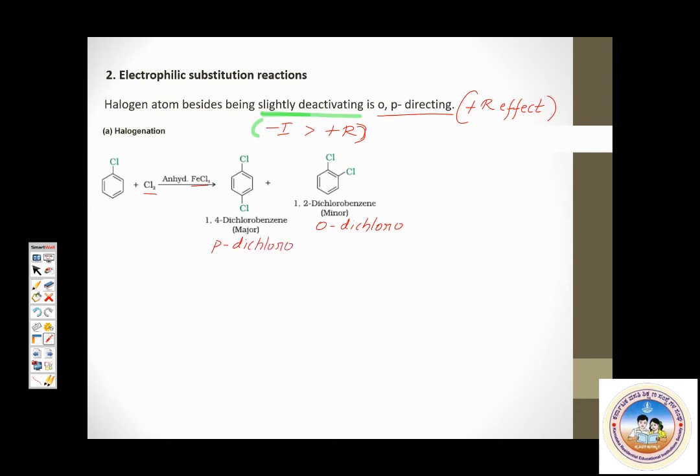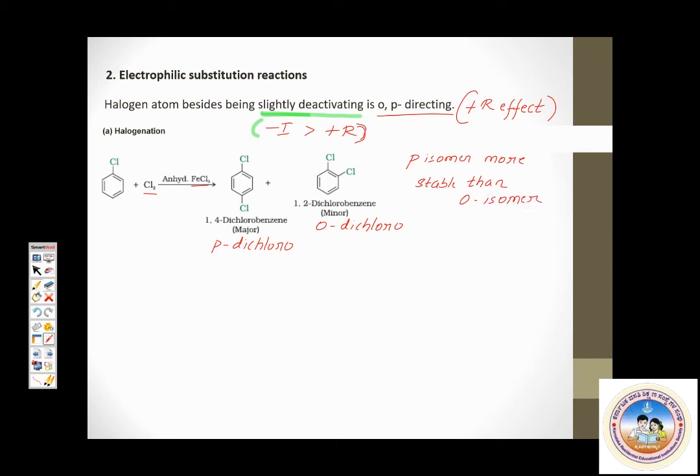Always, the para isomer is thermodynamically more stable than the ortho isomer. Okay, next.